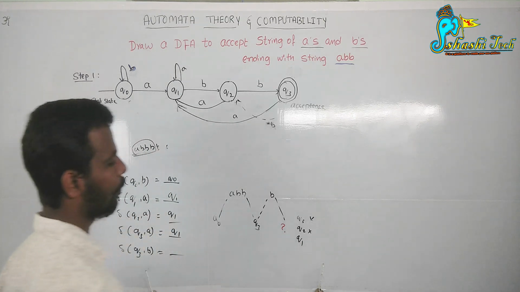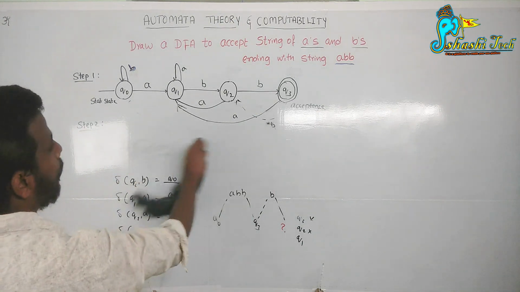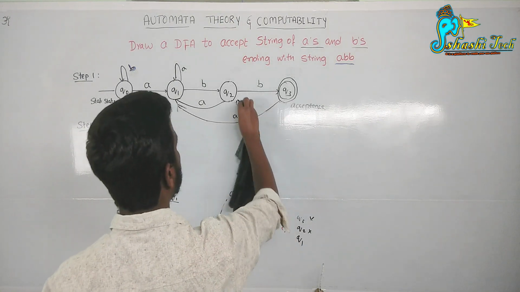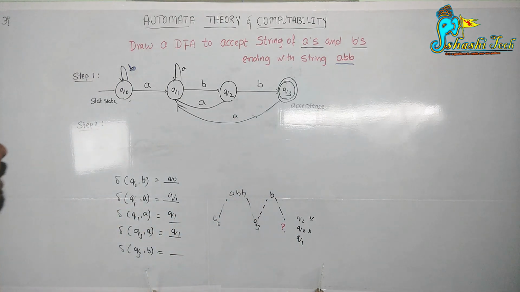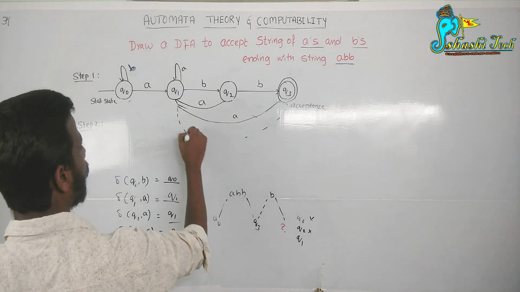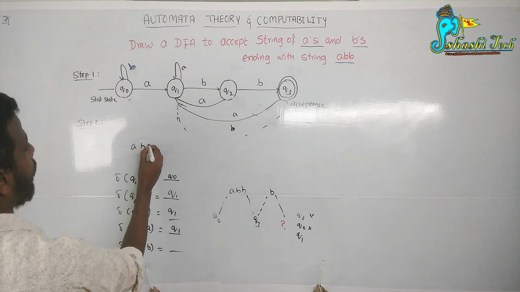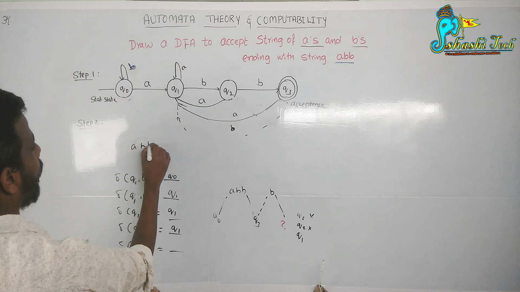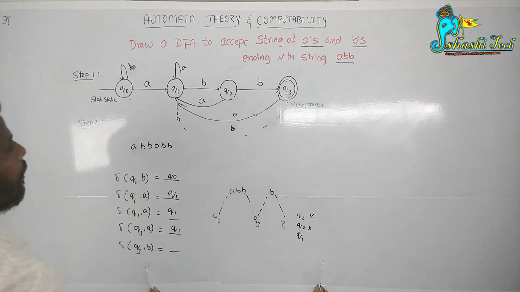What is remaining? Q1. Q1 is remaining. Let us consider Q1 also. Q1 upon accepting B. A, B, B. This one must be accepted or not?